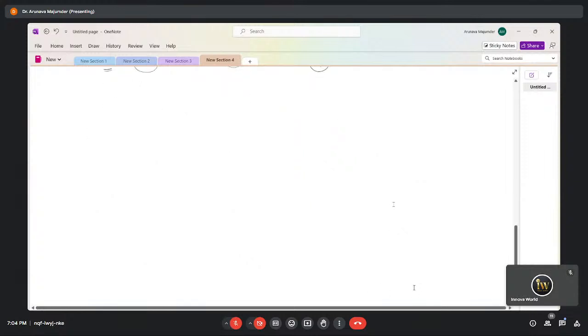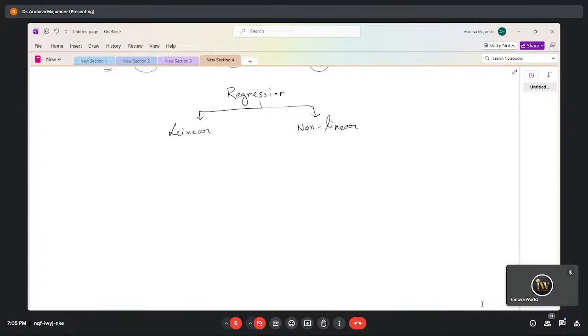So regression is of two types: linear and non-linear. Both linear and non-linear are also of two types based on the number of independent variables.